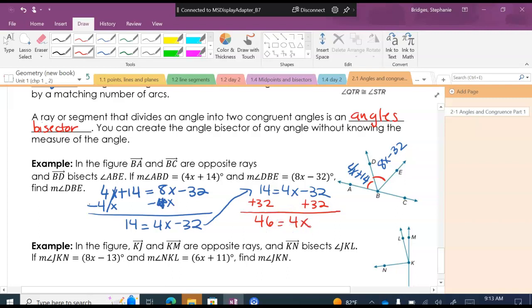And that does not go in evenly, I don't believe, so I'm going to give the decimal value for you. If we divide both sides by 4, x is going to equal the decimal 11.5.